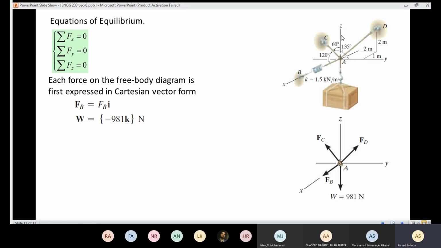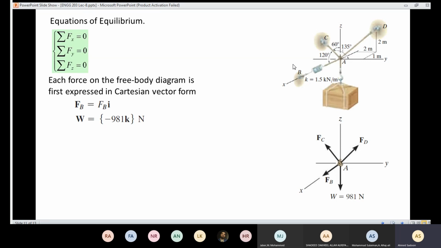So that was easy for the FB and the W vector. Now I have C and I have D. Regarding C, we are given alpha, beta, and gamma. We know that the F vector equals the magnitude by the letter i plus the magnitude by the letter j plus the magnitude by the letter k, and the components can be expressed using cosine alpha, cosine beta, and cosine gamma.